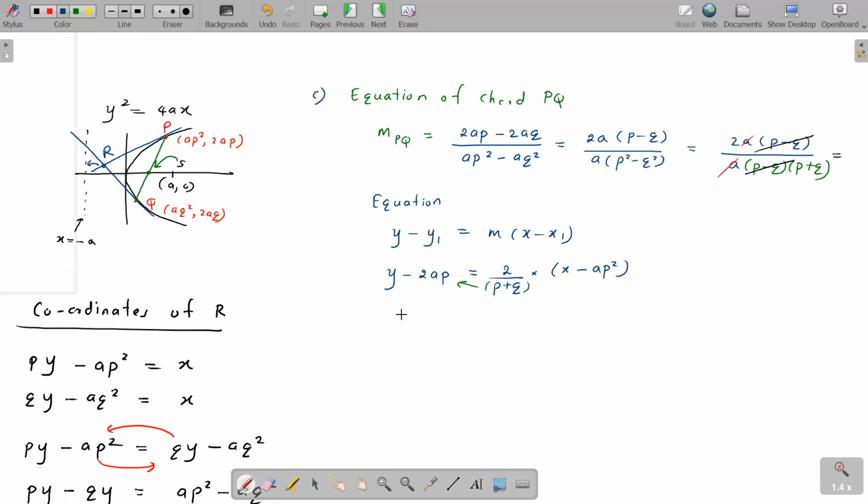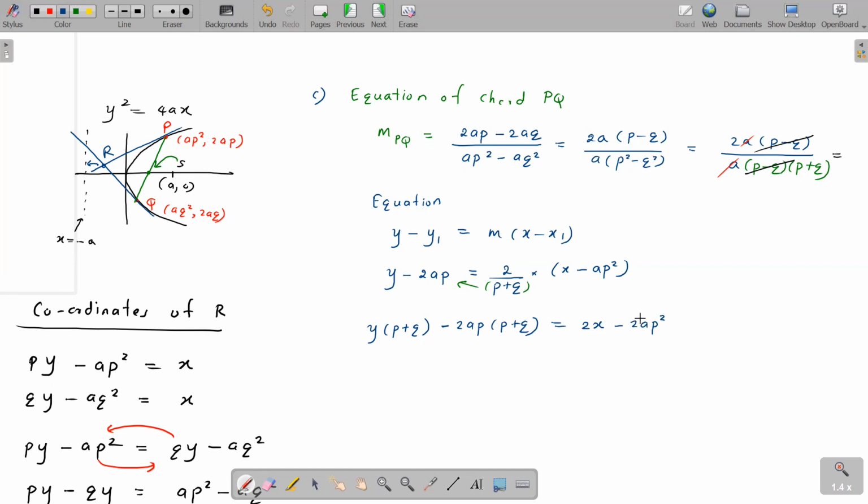So I get here Y times P plus Q, right? And minus 2AP times P plus Q. I took the P plus Q and multiplied it with both the terms, P plus Q with Y and minus 2AP times P plus Q. Do you understand? Equals here, I open the bracket with 2x minus 2AP square.